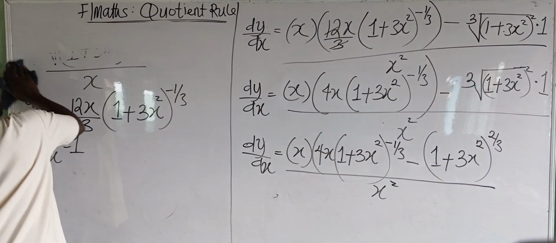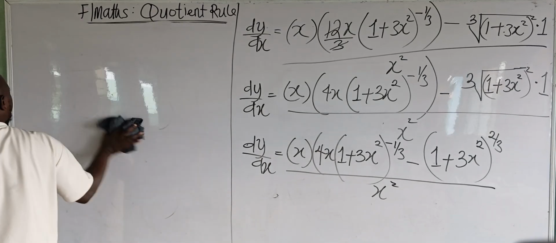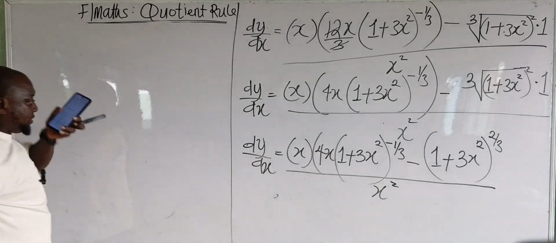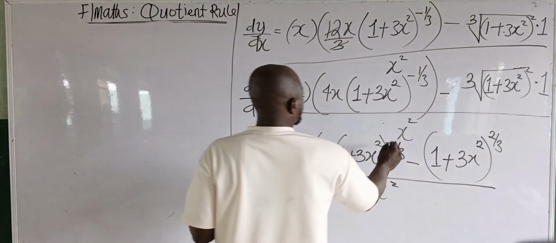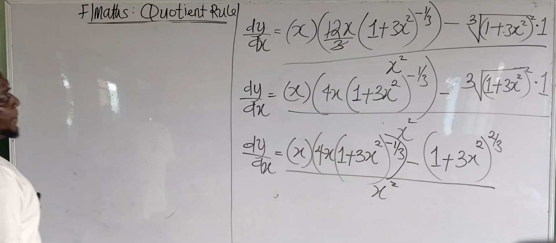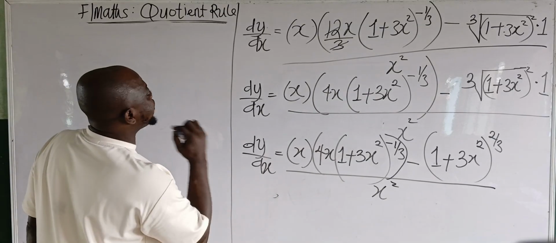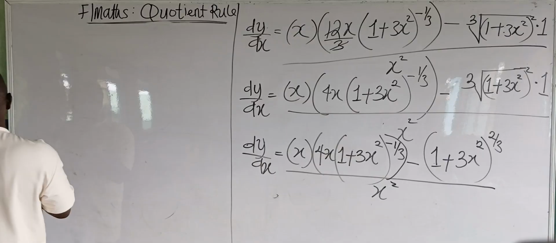So going further here, since we already know what is common, what do we do? Pick it out. Pick that factor out. That is simply what is common there.